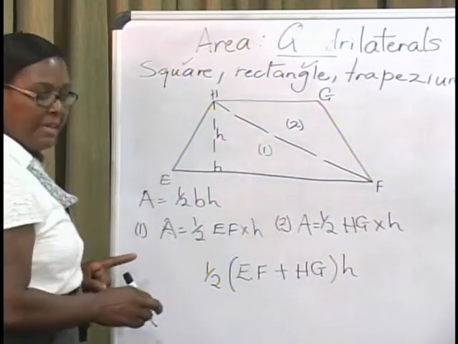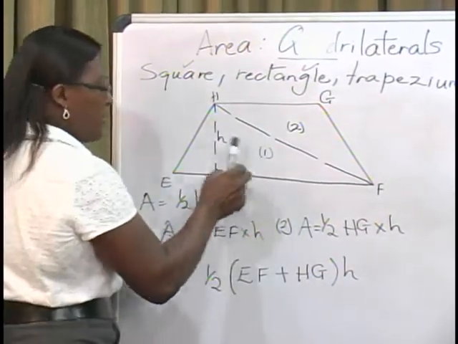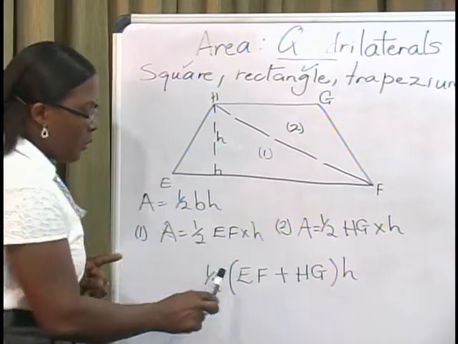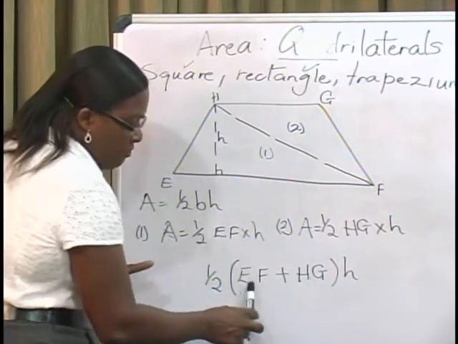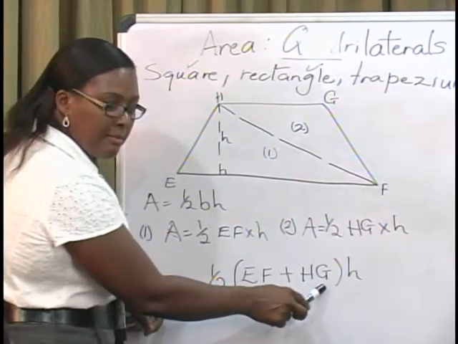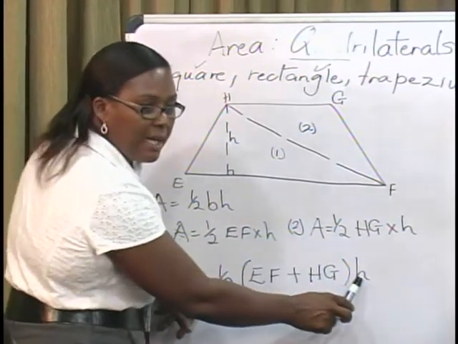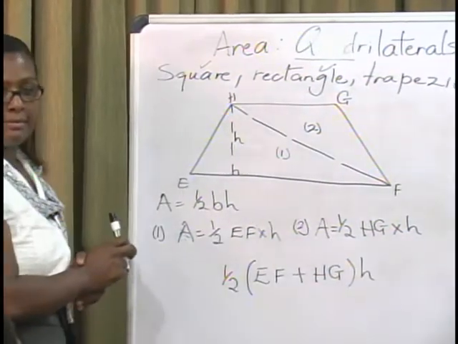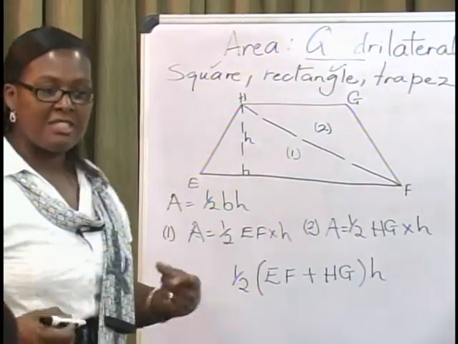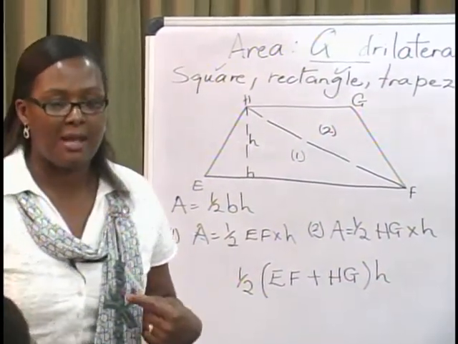So to find the area of a trapezium, we add the pair of parallel sides, find half of that sum, and we multiply by the height. So you'd hear people say, half the sum of the parallel sides by the height.